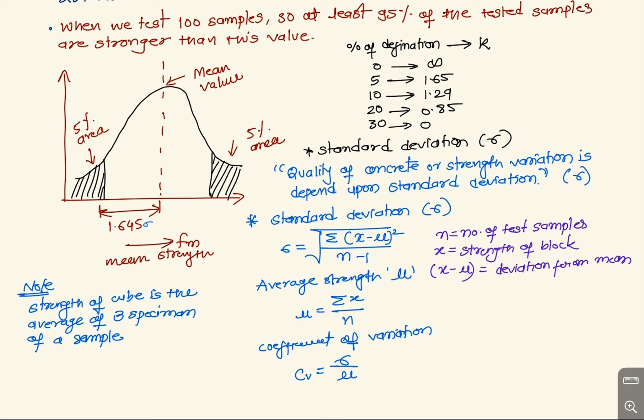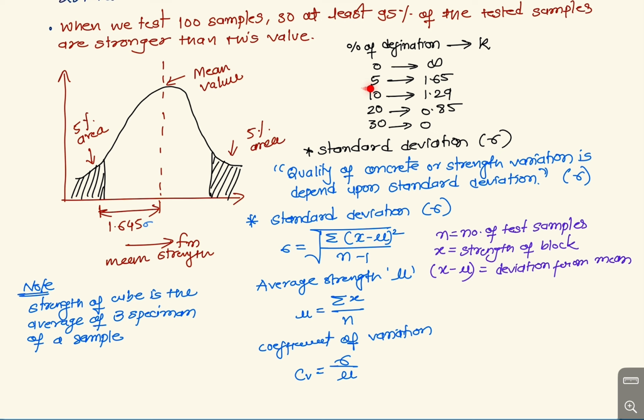If your sample failure is 5%, then you have to use 1.65 as K. If it is 10%, you will use 1.29. If it is 20% failure, you use 0.85, and for the 30 percentile, you will use 0.